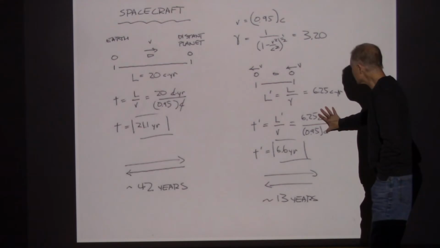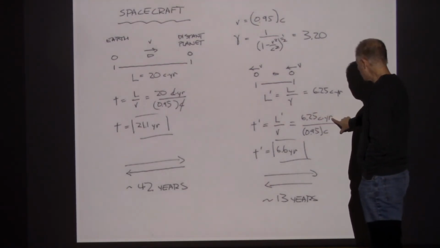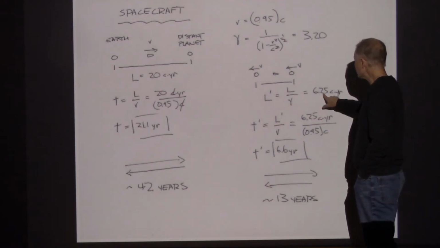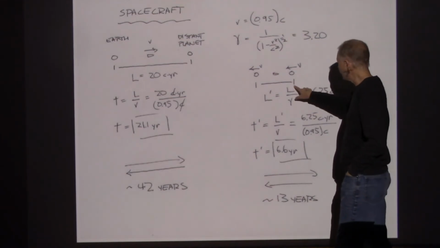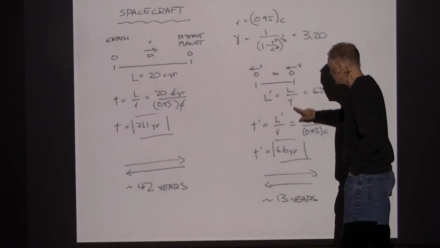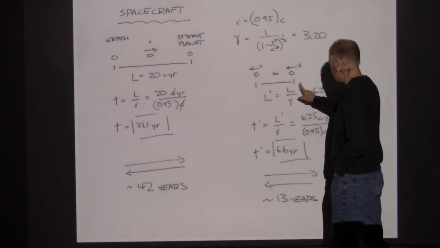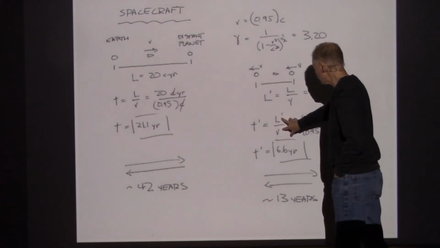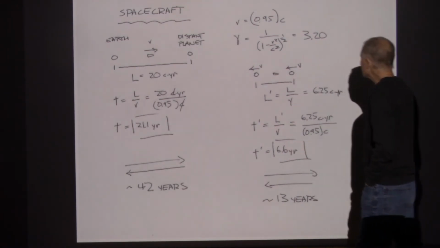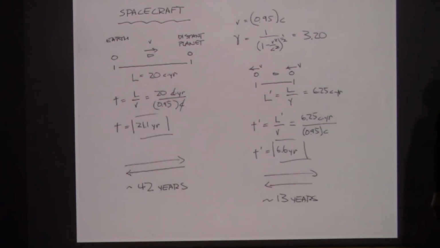So the c's cancel out, we run the numbers, and the units that are left are years. Given these values of distance and velocity, the time it's going to take is 6.6 years. So it's going to take 6.6 years for the astronauts to get out to that planet.